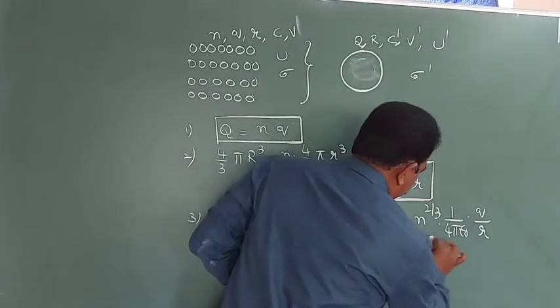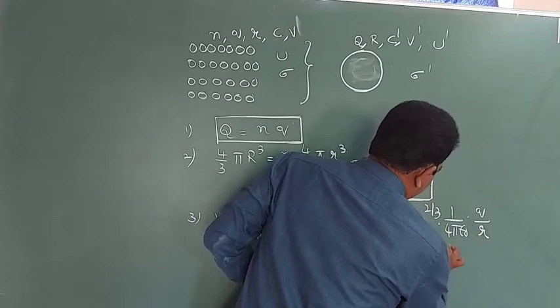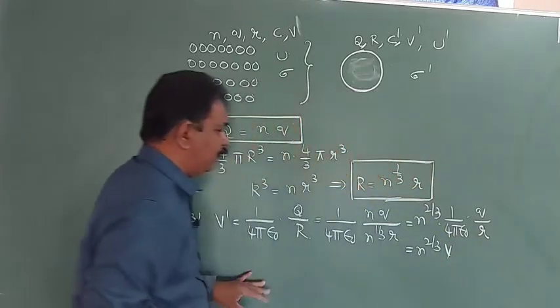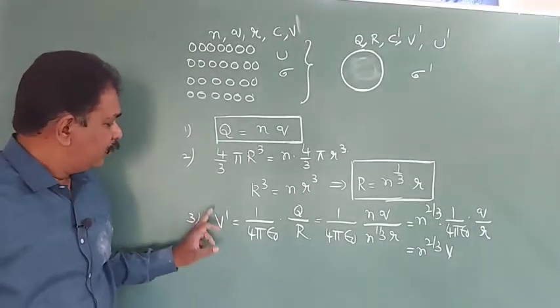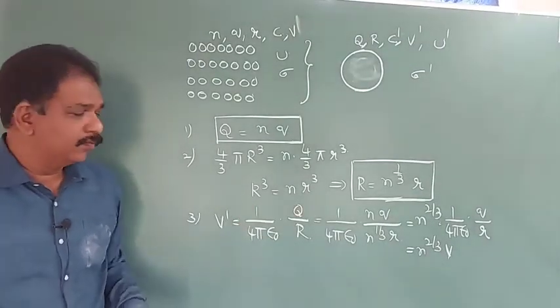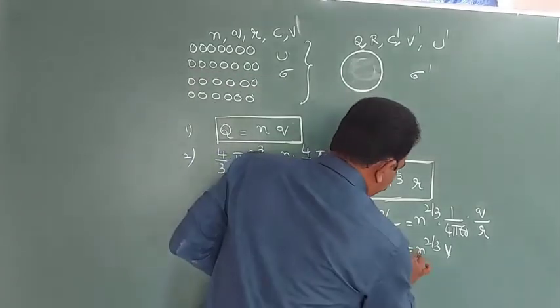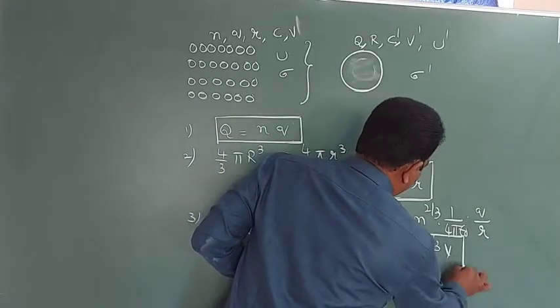So this is equal to n power 2 by 3 into V. So V dash is equal to n power 2 by 3 into V.